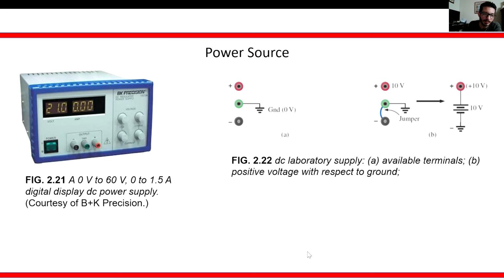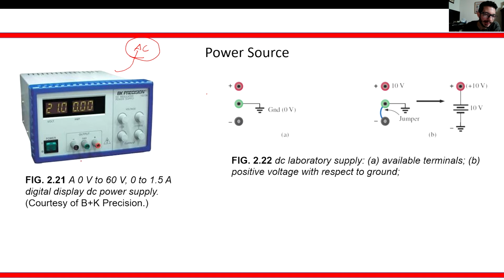Okay, so the battery that we just talked about is a power source, but we also have fancier power sources which you actually connect to the socket, the wall. This guy will have a connection to AC power. And in here they have rectifiers and diodes and a lot of stuff that will rectify the voltage to DC.